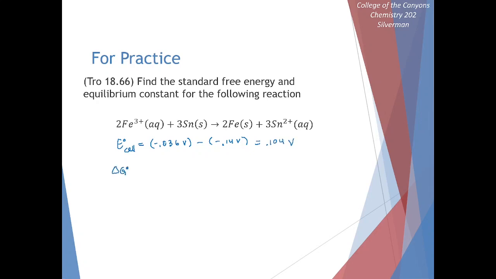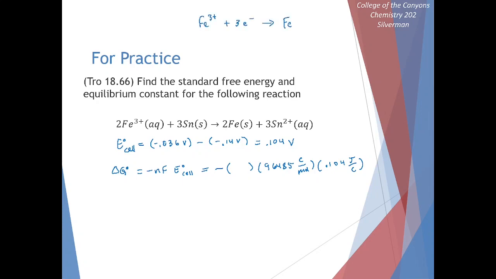We can calculate our Gibbs free energy now using our equation. We know the value for Faraday's constant. We know our value for standard cell potential. We do need to figure out how many electrons are being transferred in this reaction.